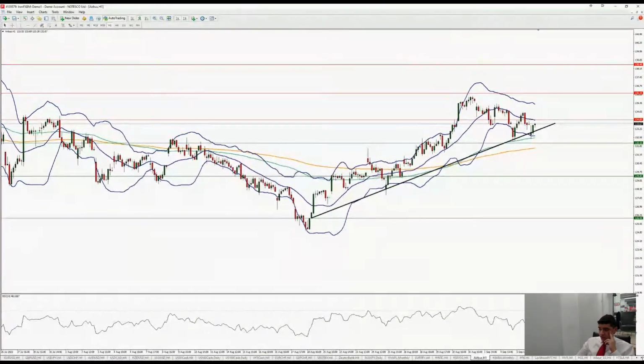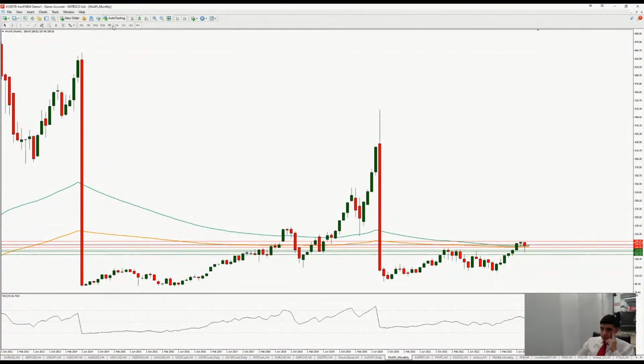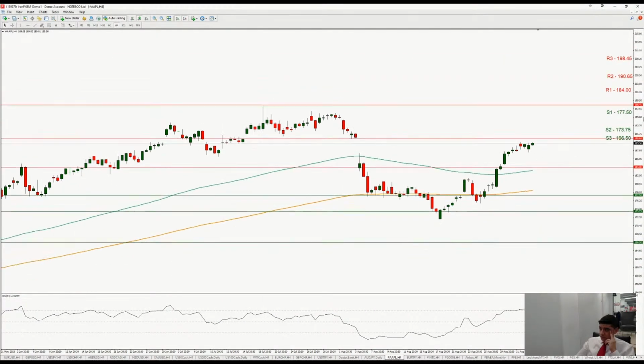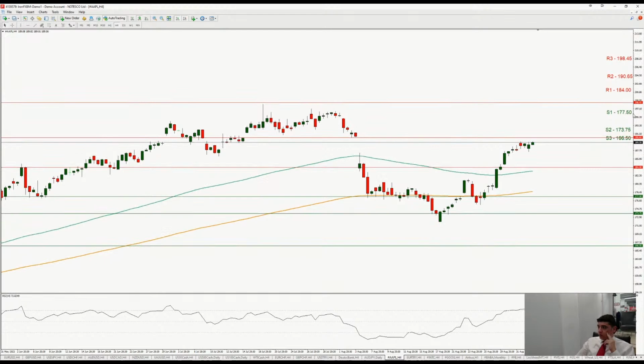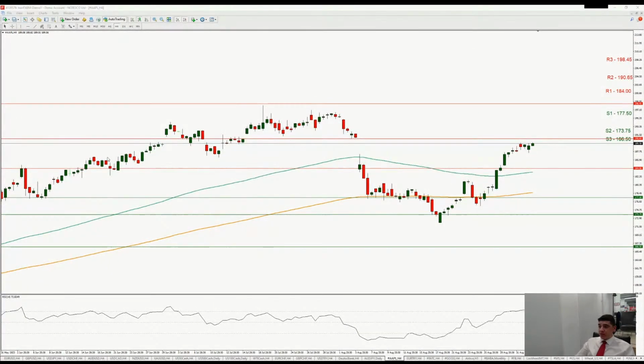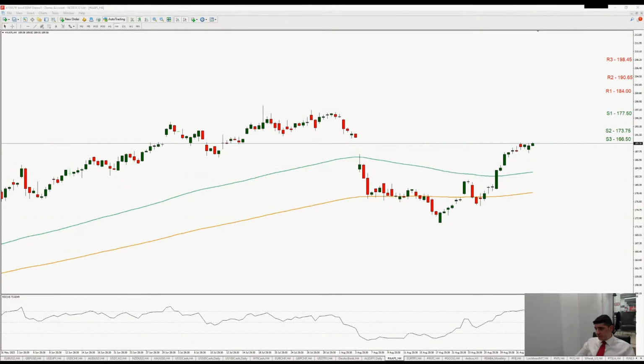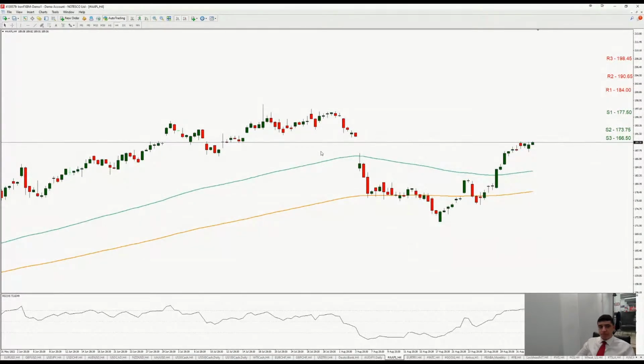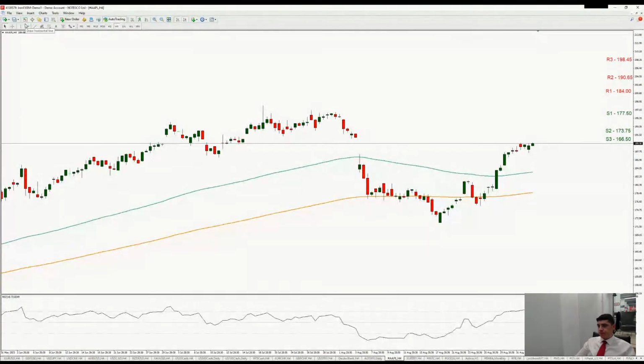And what we're going to be looking at is Apple. So let's just clear our chart for a moment. Clean chart. So let's place support and resistance levels together.